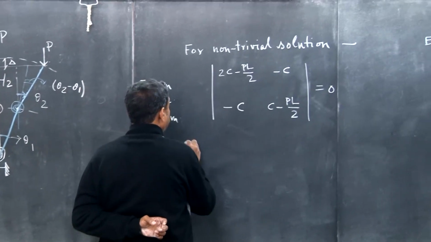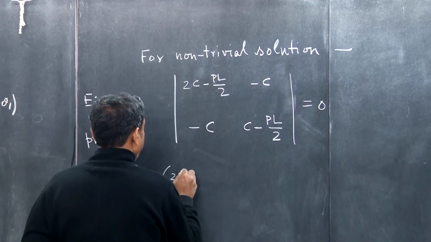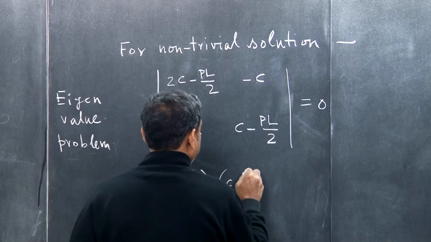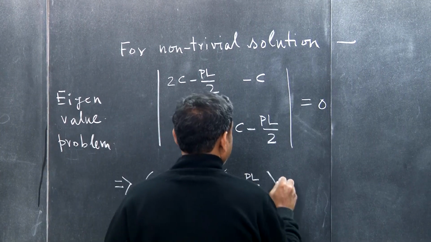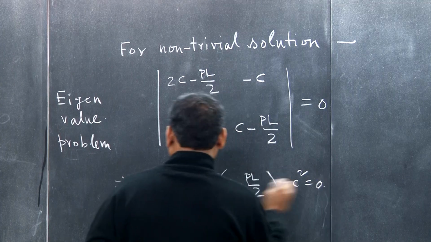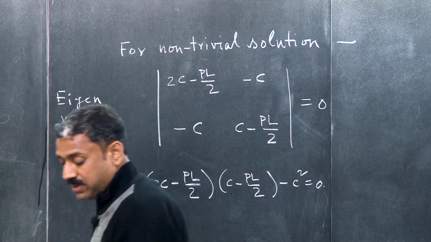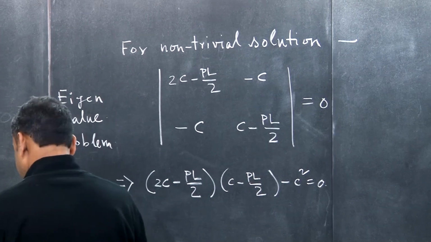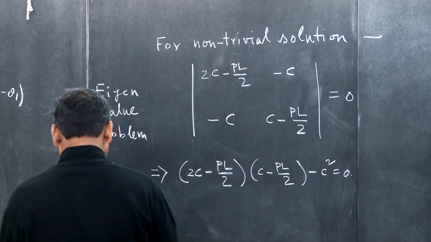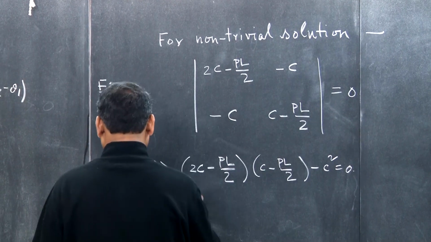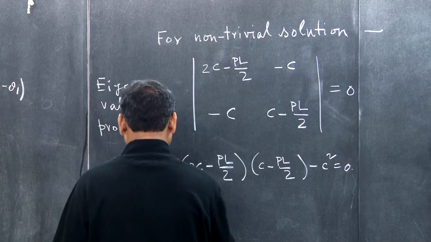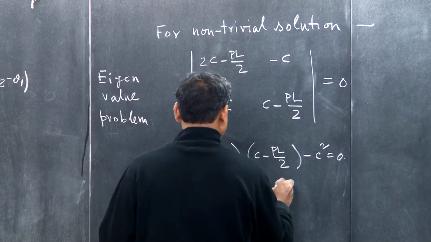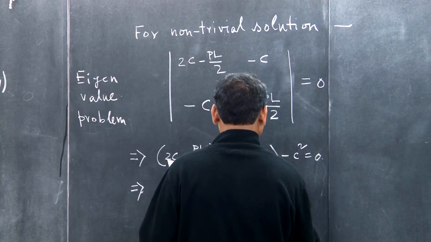So you find the characteristic polynomial: 2c minus PL by 2, times c minus PL by 2, minus c square is equal to 0, and if you simplify it, you will get an equation in the form of P square L square minus 6 PCL plus 4 c square is equal to 0.